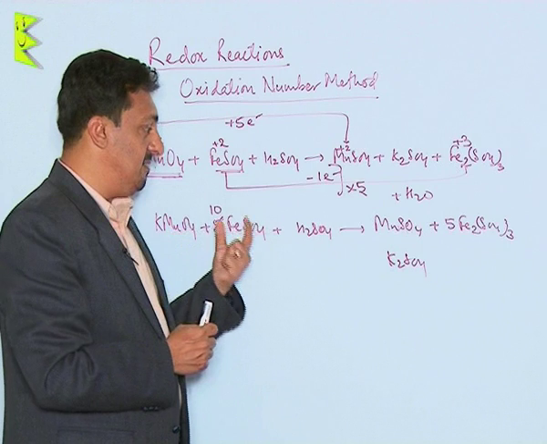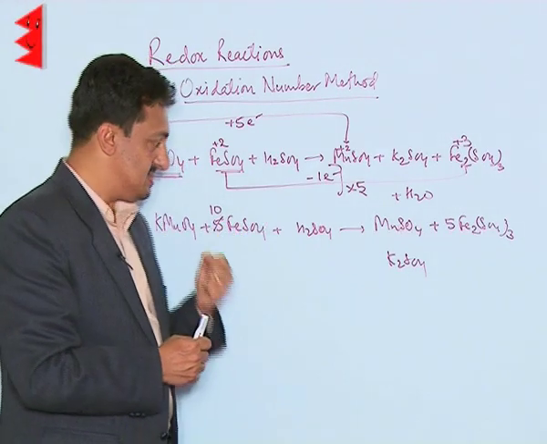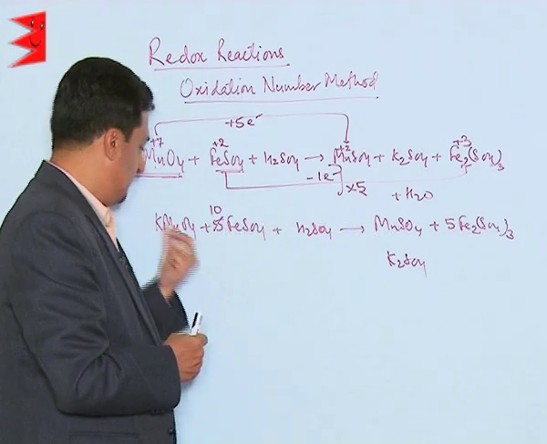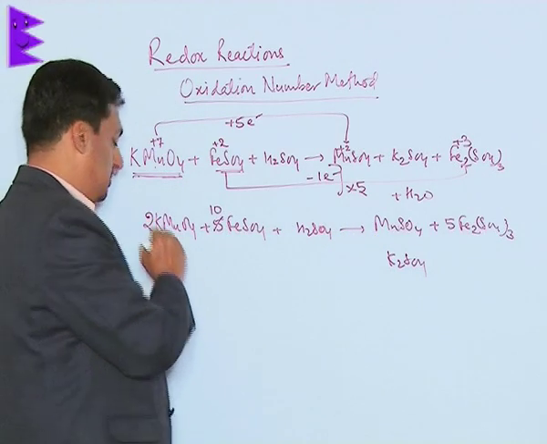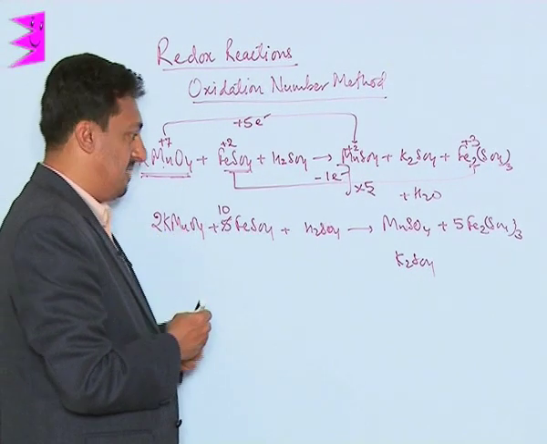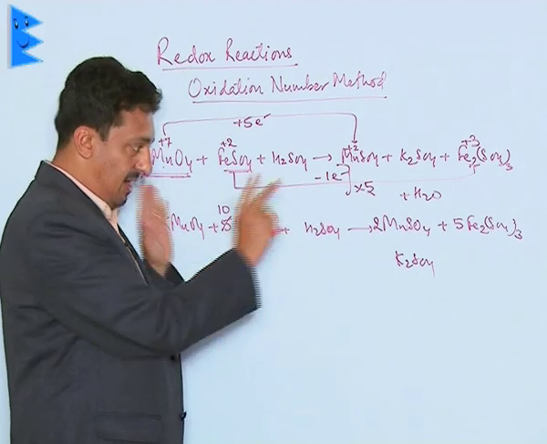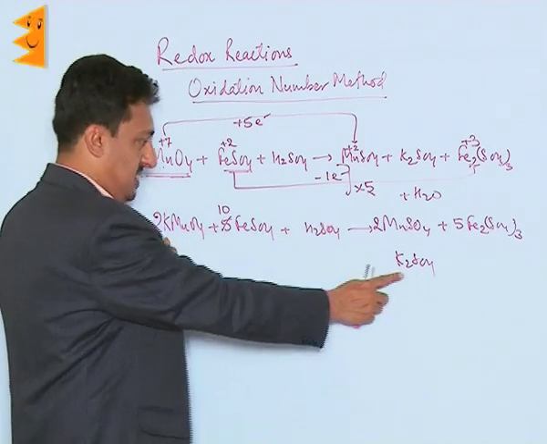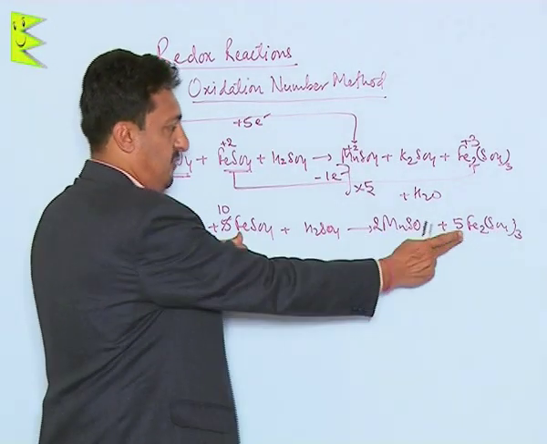Fe and Fe are balanced, Mn and Mn are balanced. Here we have 2 potassium, so I put 2 here. By doing so, the manganese becomes 2, so I put 2 here also. Now potassium, manganese and Fe are all balanced.